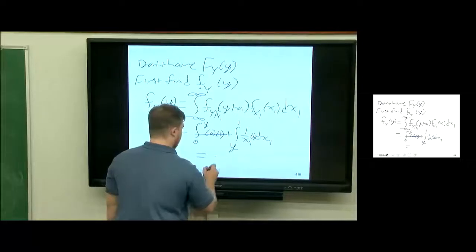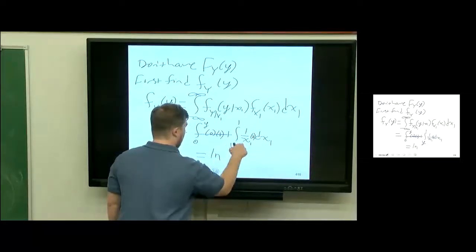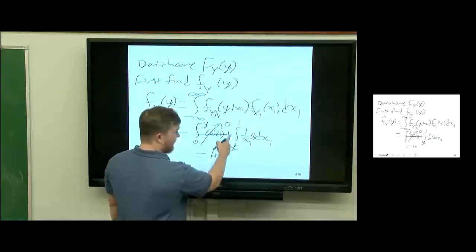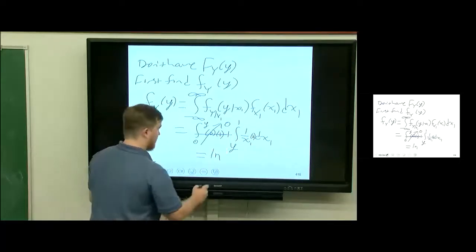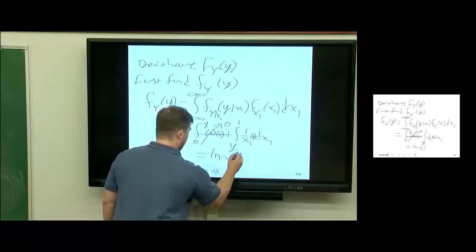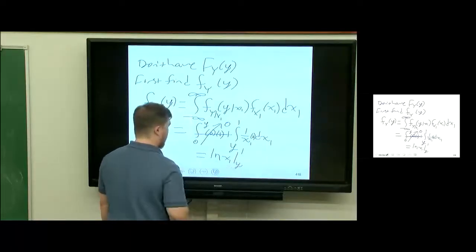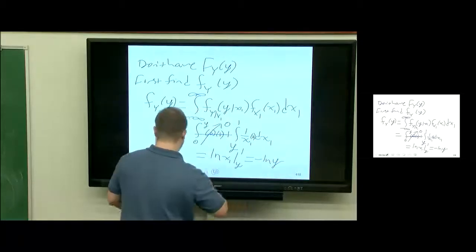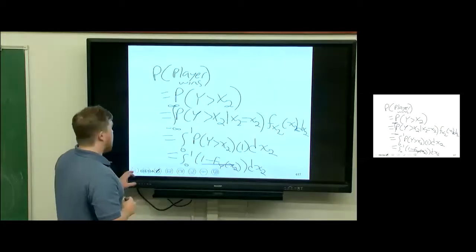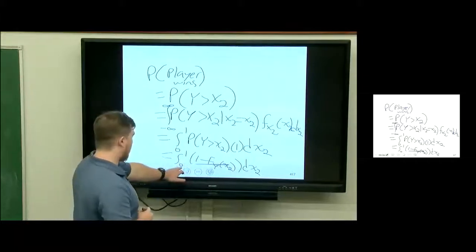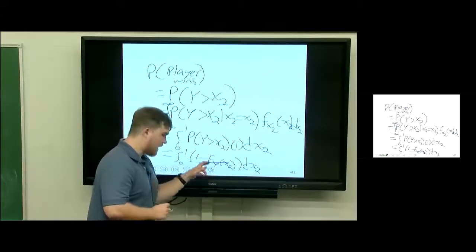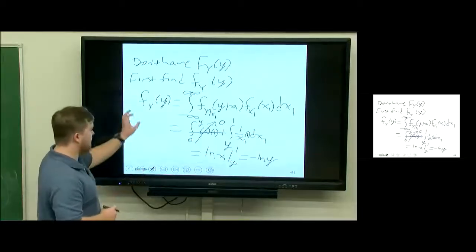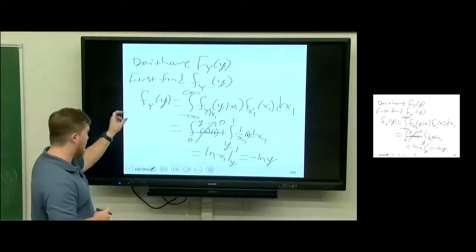This integral from y to 1 of 1 over x1 is just the natural log of x1 evaluated from y to 1, which equals the negative natural log of y. So if we go back a slide, we're still hunting for the CDF for y, but we just got the density function for y.